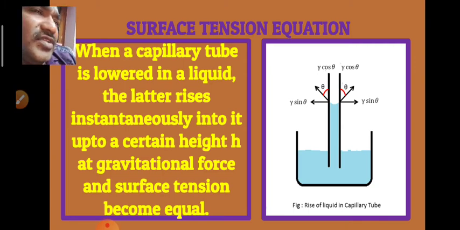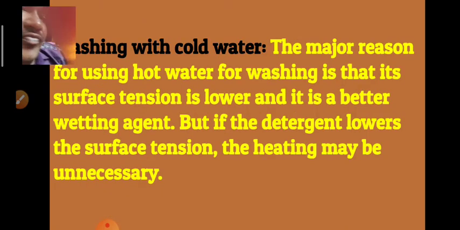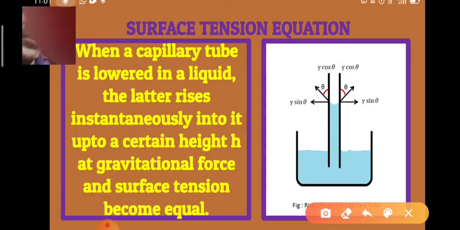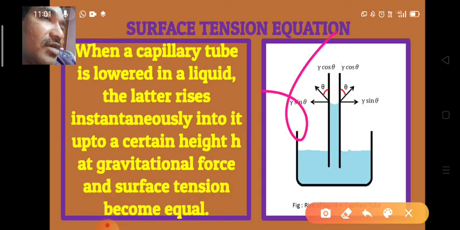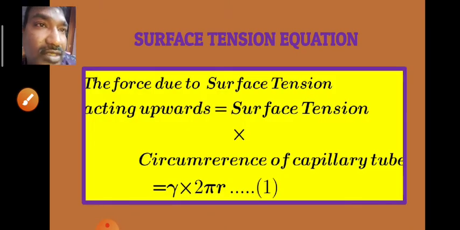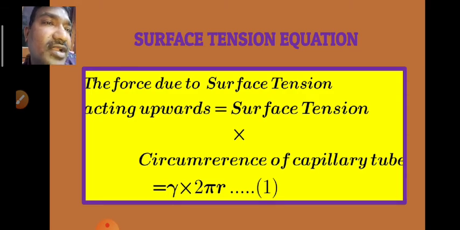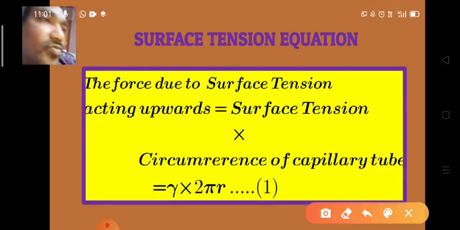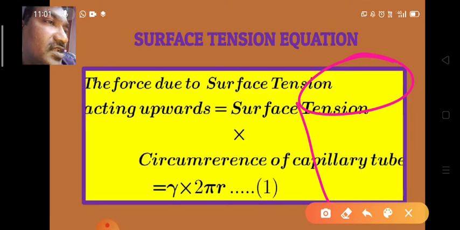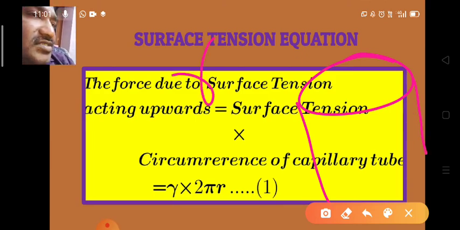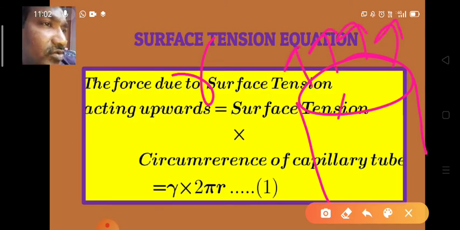So if we make them equal, automatically we can get an equation to calculate the surface tension. Here we represent the surface tension with the gamma symbol like this, gamma. Look here. So we can write the equations like this. The force due to the surface tension acting upwards is surface tension into the circumference of the capillary tube. If 2 pi r is the circumference of the capillary tube and gamma is the surface tension, now surface tension is the force acting per unit length, no?